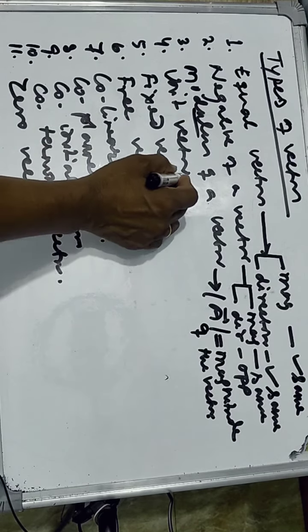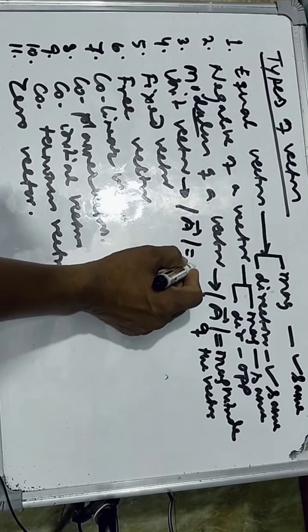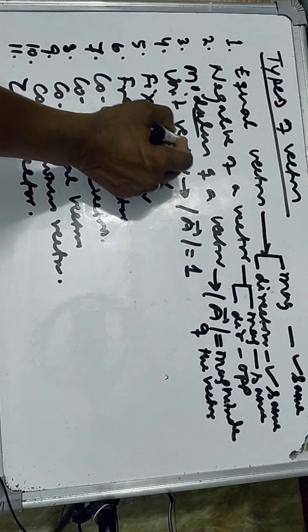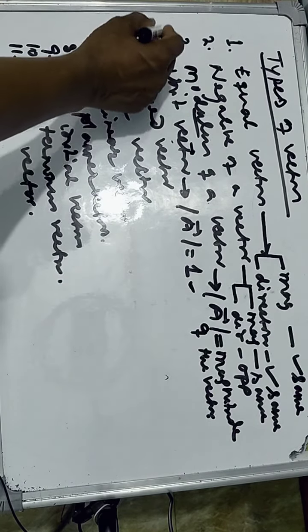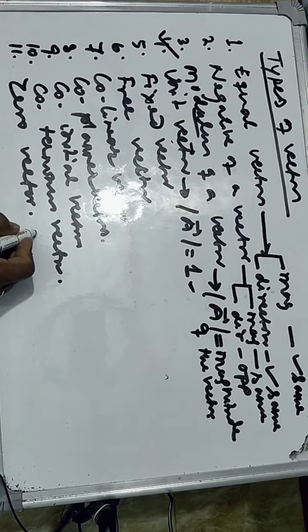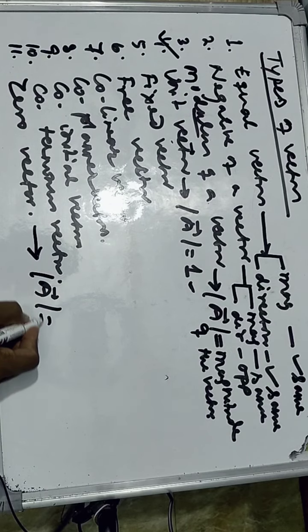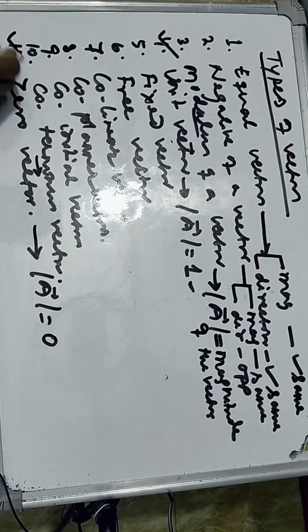Unit vector is a vector having its magnitude 1. Any vector whose magnitude is 1, but which has its direction, will be termed as unit vector. Same way, a vector having magnitude 0 but having its direction will be termed as zero vector.